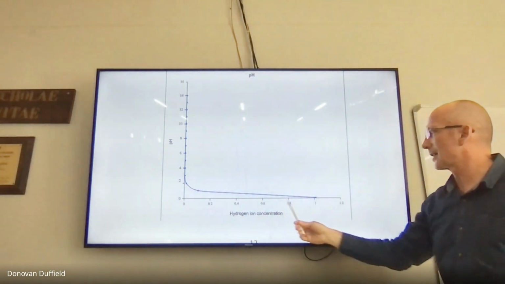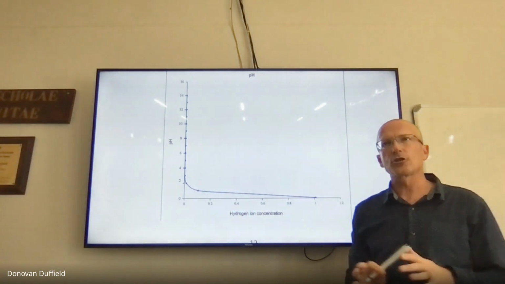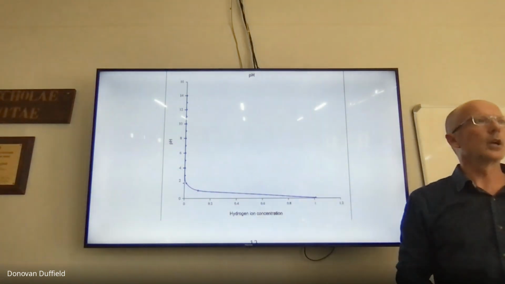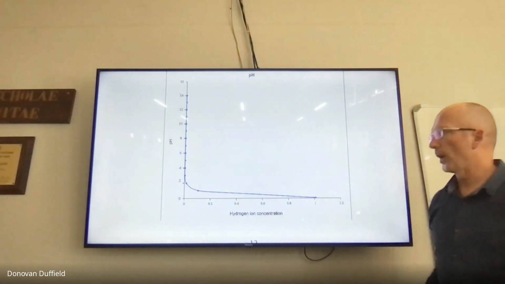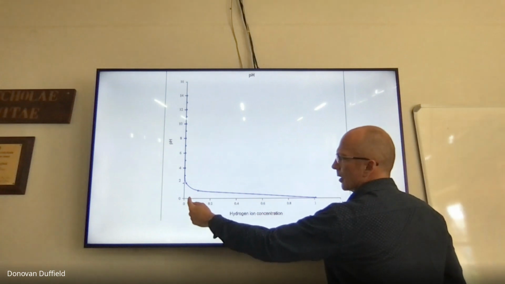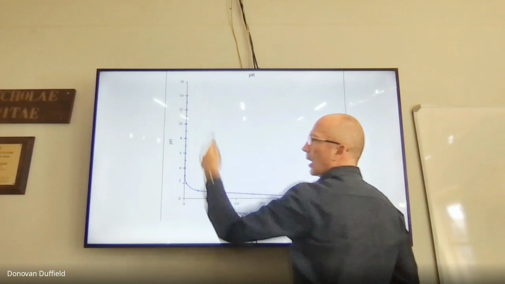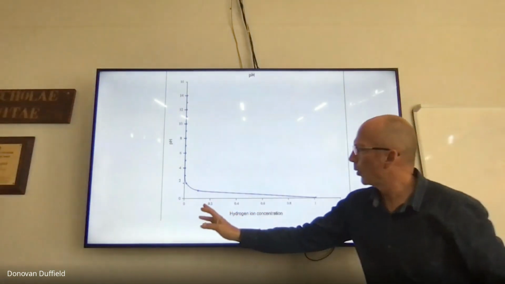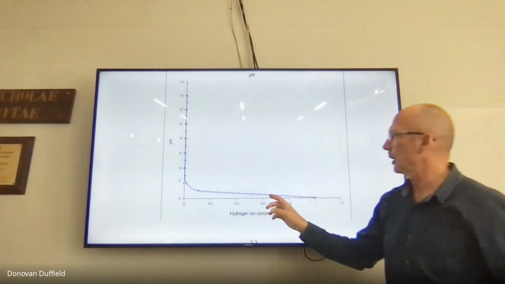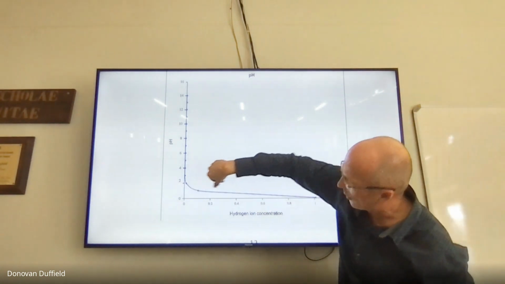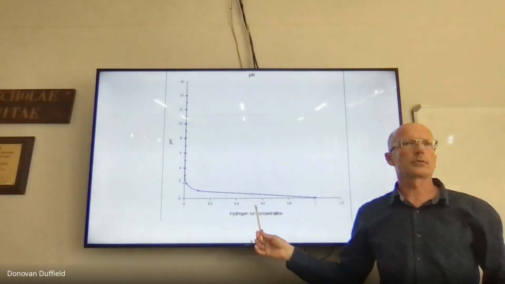When your acidity is high, your pH is low. It's got to do with the nature of the logarithmic function, which you will do in grade 12. So when your concentration of hydronium ions is low, your pH values are going to skyrocket. When your hydronium ion concentration is high, then your pH values are going to be low. We're not going to explicitly ask you about the graphs.